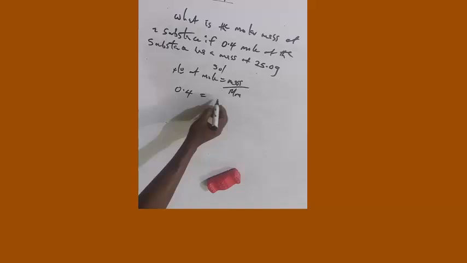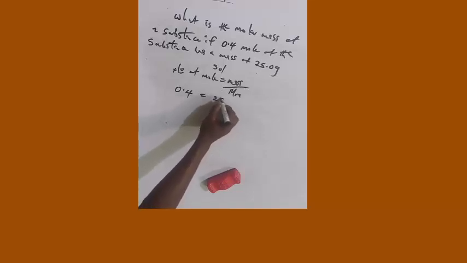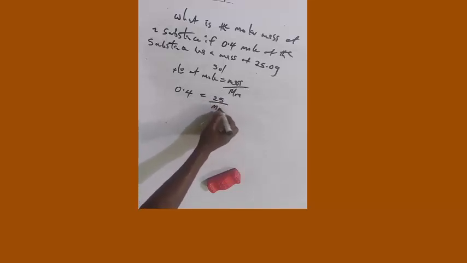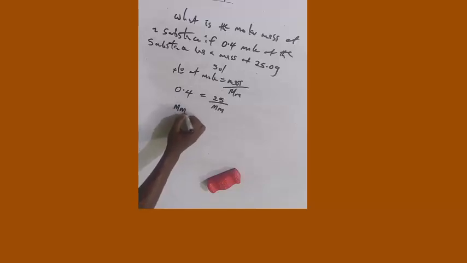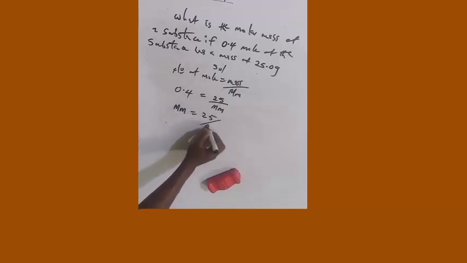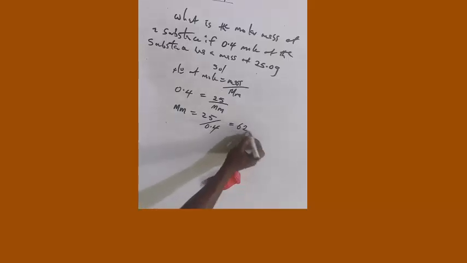Where is the mass? 25 divided by molar mass. So molar mass will be equal to 25 divided by 0.4, which is equal to 62.5 gram, the molar mass of the substance. So that's very simple.